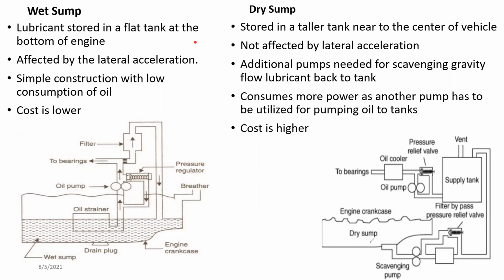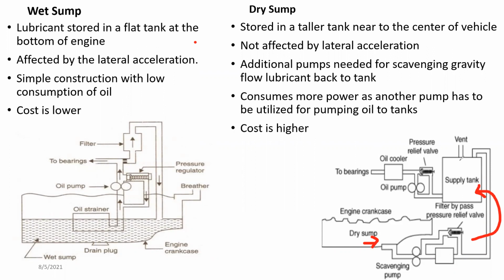That lubricant is scavenged through another pump, the scavenging pump. That pump scavenges the oil and sends it to a separate tank installed somewhere in the engine bay or inside the vehicle.